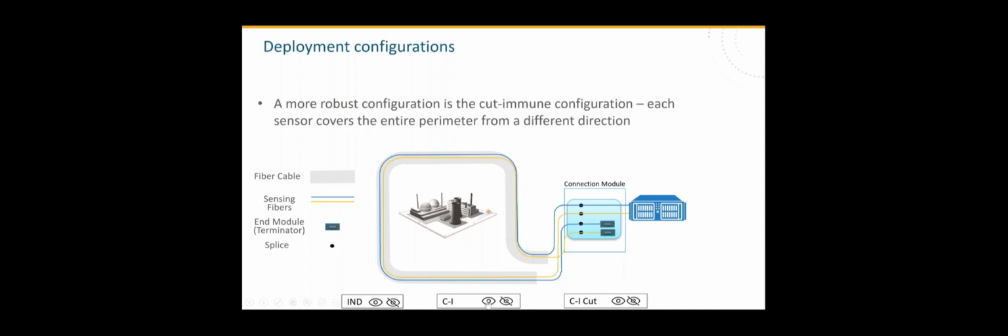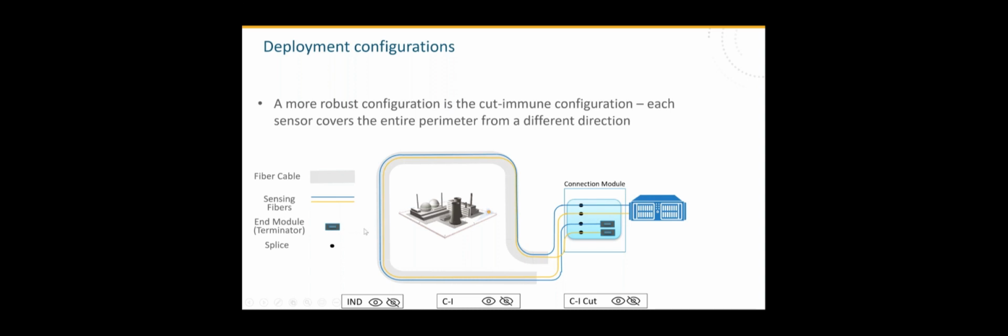Now, what most people will want to do, and what this system supports brilliantly, is what we call the cut immune configuration. So if you look carefully and follow the paths, one fiber is essentially going around the system in a clockwise direction, whereas the other fiber, from the box, is going in the counterclockwise direction.